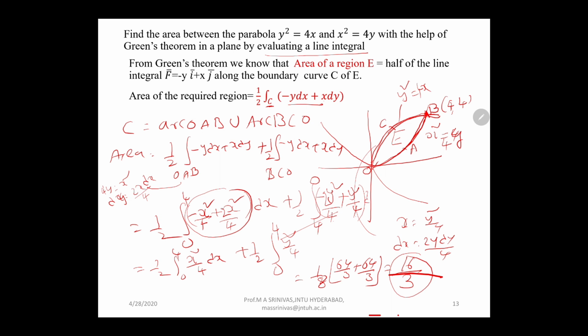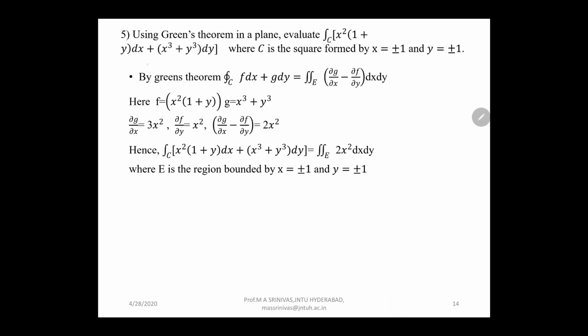So this gives the application of Green's theorem. Coming to the next problem: using Green's theorem in a plane, evaluate the line integral where C is the square. He is asking us to evaluate the line integral. Because he is asking us to use Green's theorem, you have to apply Green's theorem.